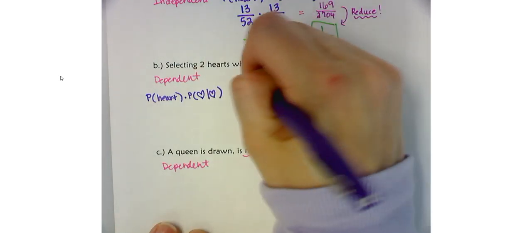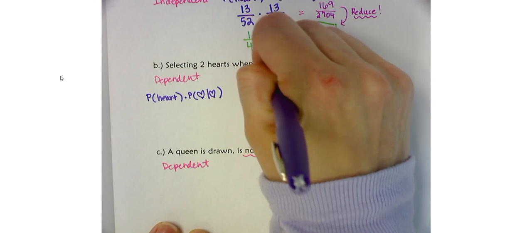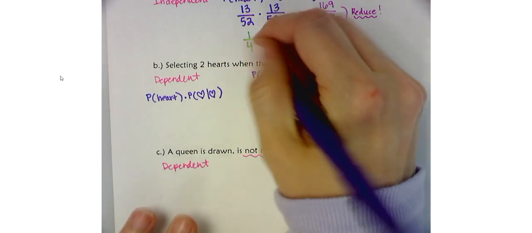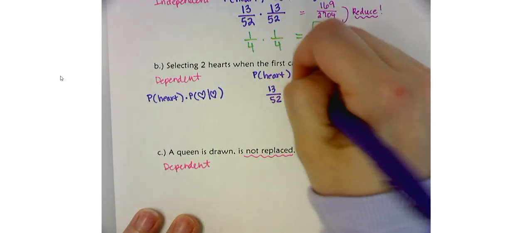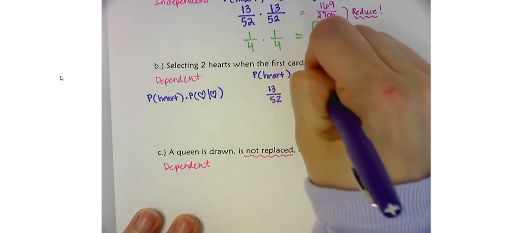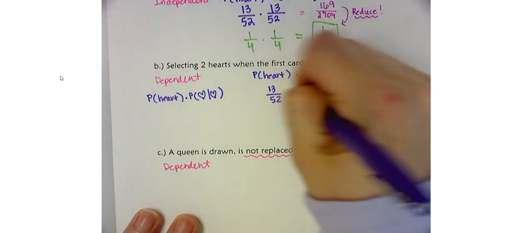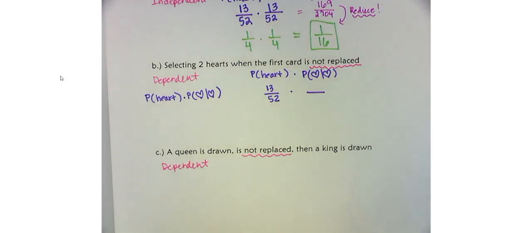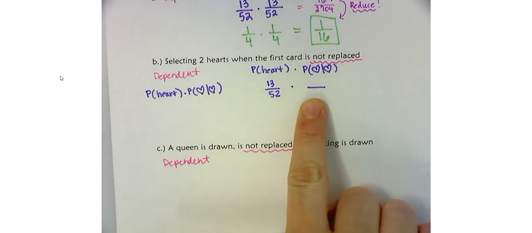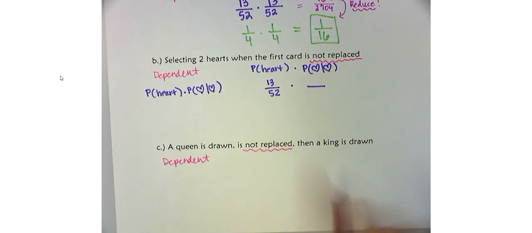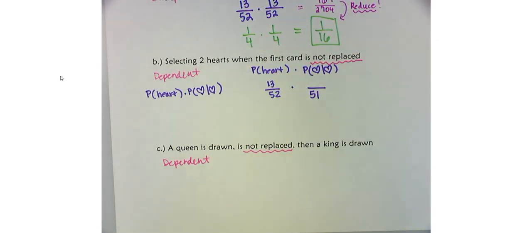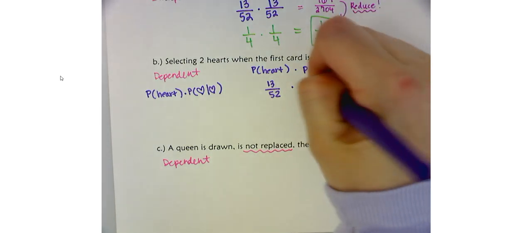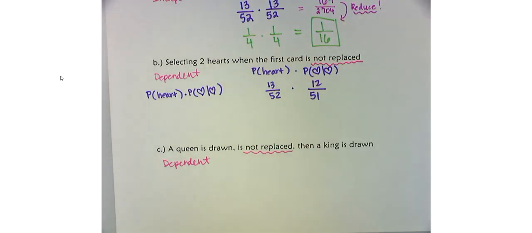Okay, if you already drew a heart, how many hearts are left? 12. Okay, so you have 1 less card in total because it's not replaced. Okay, and you have 1 less heart because a heart was drawn first.